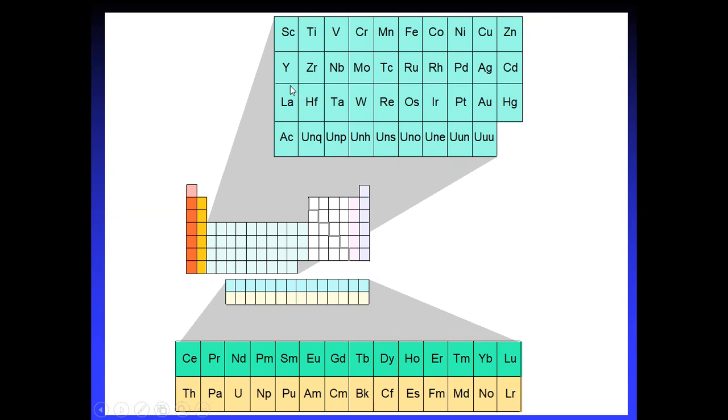There you have the krypton configuration, 4d 1 to 10 and 5s 0 to 2. I'm repeating the electronic configuration for the 4d series: the general krypton configuration, 4d 1 to 10 and 5s 0 to 2.